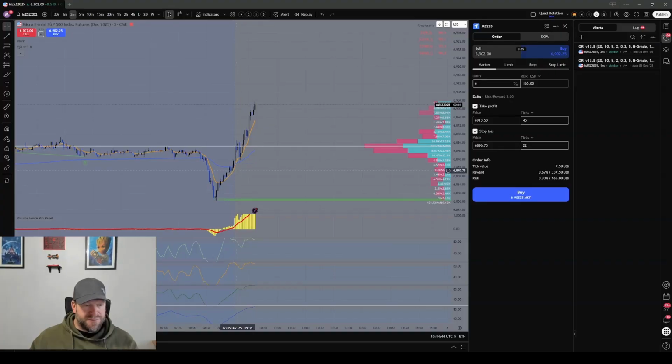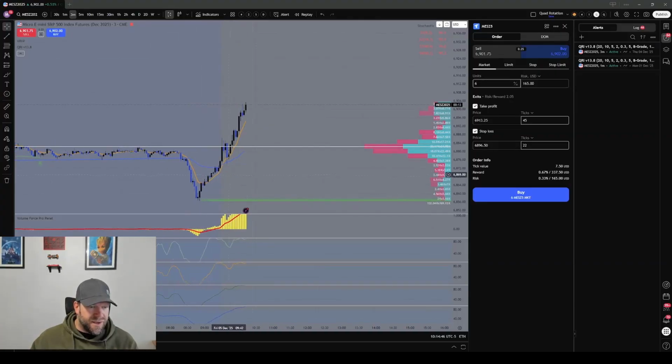Now, looking at it from here, of course, you could say, hey, at 940, 939, could you have entered here? It bounced off the VWAP and crossed back over the 9 EMA. It's one of the ways that I take an entry when the market is trending. Sure, you can do that, but it was still early in the market. I don't love it. And we were already getting to some of these overbought conditions.